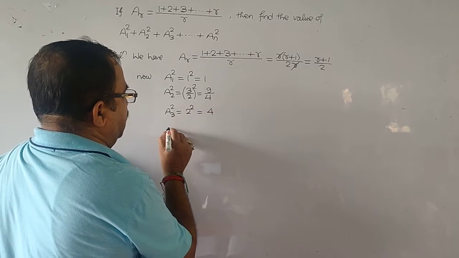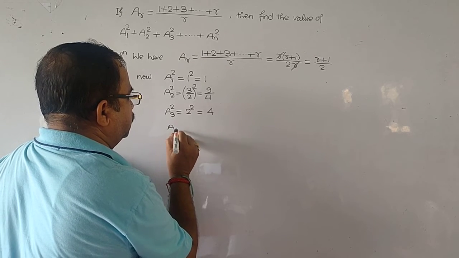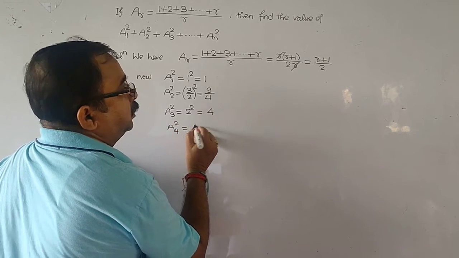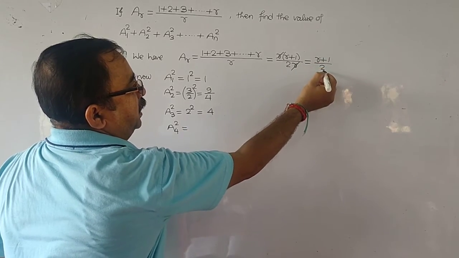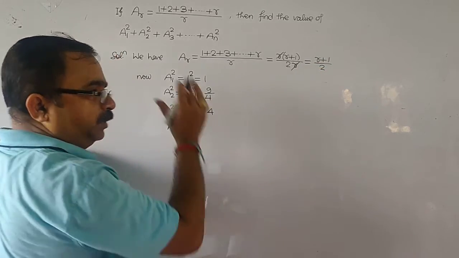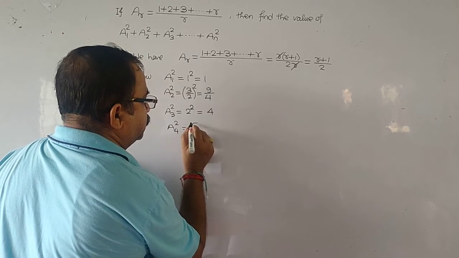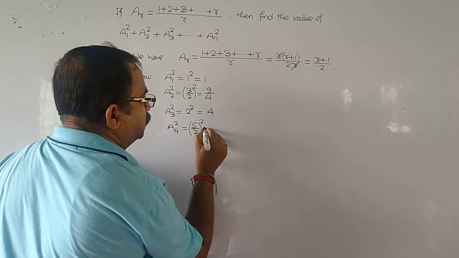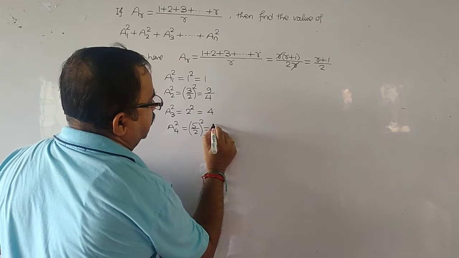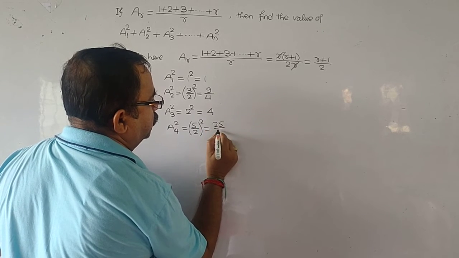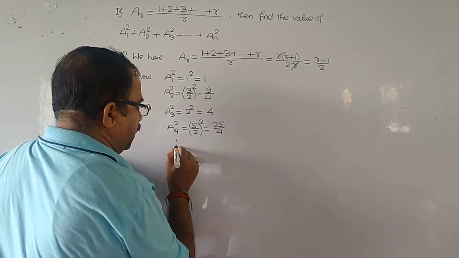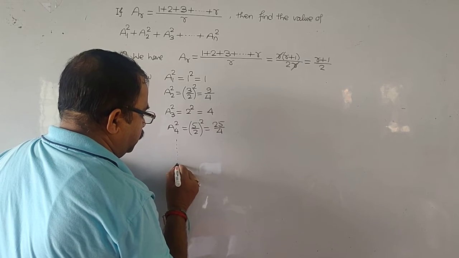Now A4 square, 4 plus 1, 5 by 2, whole square. This is 25 by 4, and so on.